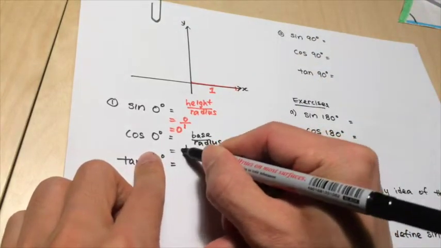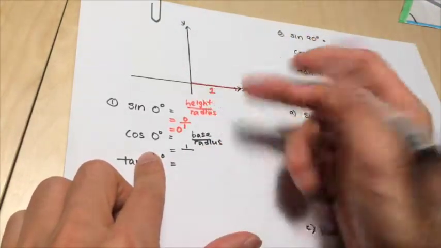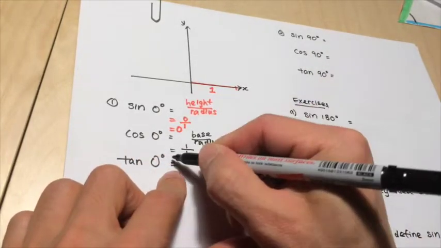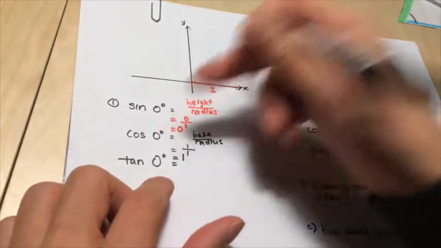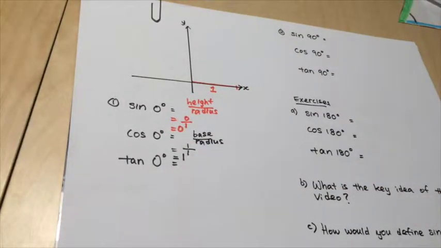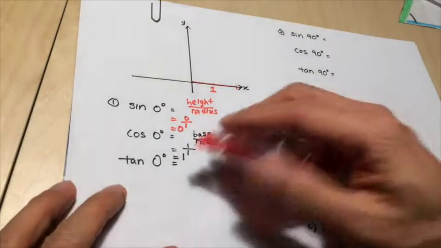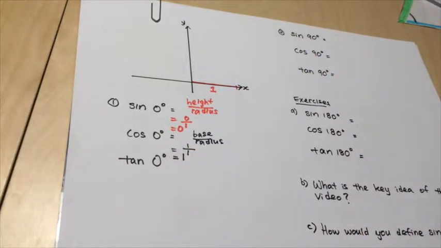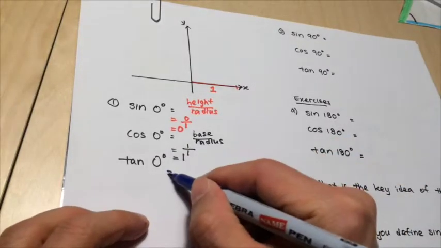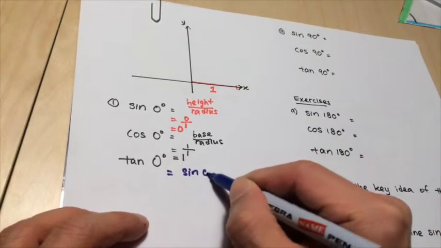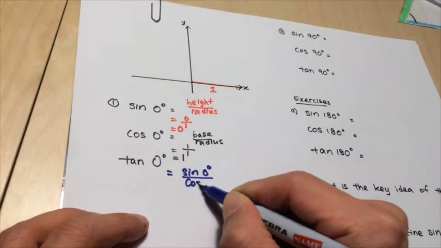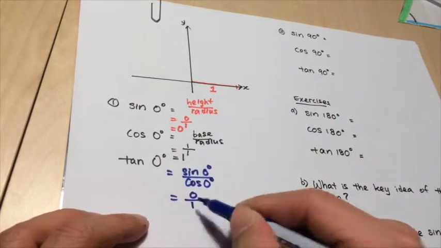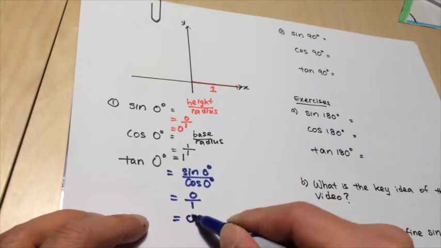Well, this is 1 unit over 1, so the answer is just 1. So cosine 0 degree is actually equal to 1. Now, next thing is, what about tangent 0? Well, tangent 0 comes from sine of 0 degree over cosine of 0 degree. And that is 0 over 1. So the answer must be 0.